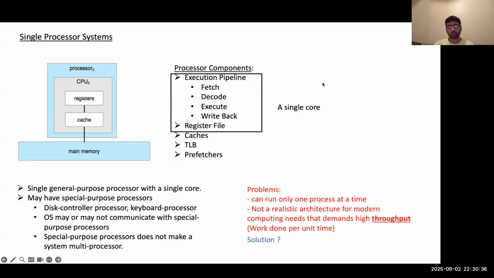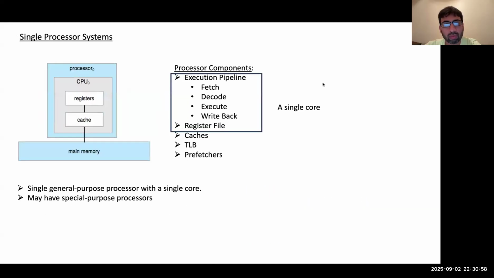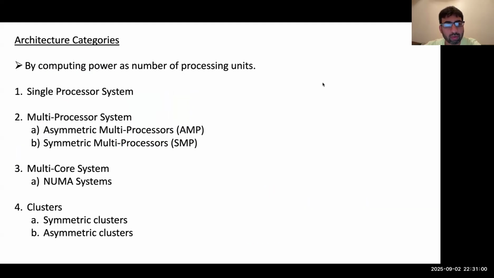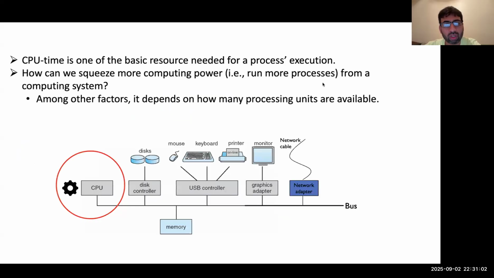Just a quick recap on what we were talking about in the last meeting. We were talking about different architectures, and why we were looking at them: our main question was how we can increase the computing power of a given system.